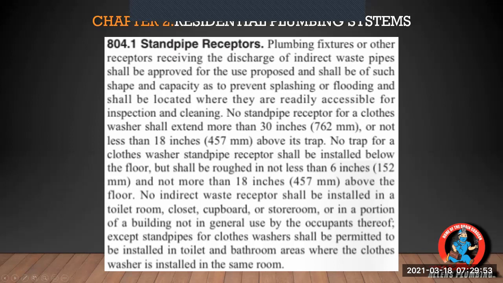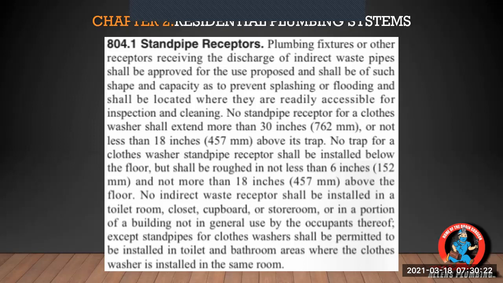Standpipe receptors, plumbing fixtures, or other receptors receiving the discharge of an indirect waste pipe shall be approved for the use proposed and shall be of such shape and capacity as to prevent splashing or flooding, and shall be located where they are readily accessible for inspection and cleaning. No standpipe receptor for a clothes washer shall extend more than 30 inches or not less than 18 inches above its trap.